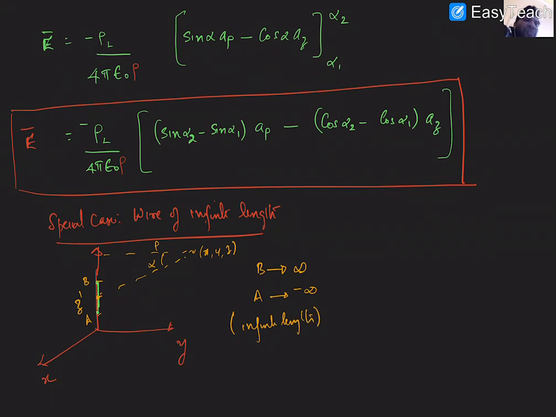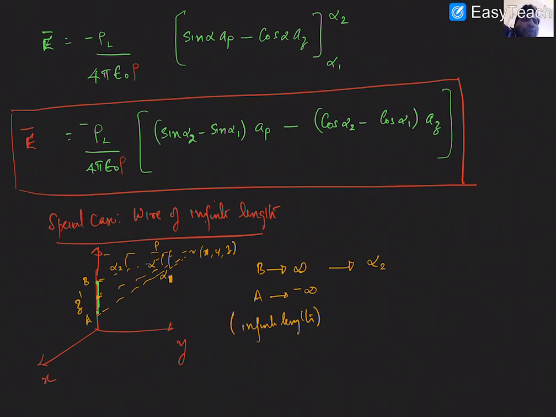Okay, so in such a situation, you see here alpha 1, that means this is the point actually we have shown as alpha 2, and also this is alpha 1.